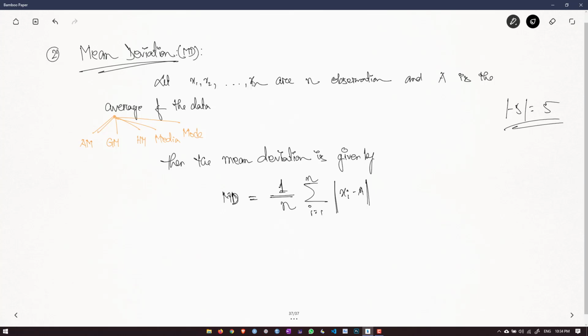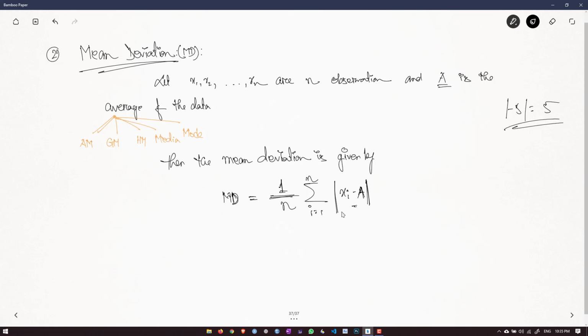That means from all the observations we will subtract that particular average. We will take the modulus, that means we will disregard the signs whether plus or minus, and then we will add those deviations. These are called deviations. We will add those deviations and then divide by the number of observations. In place of A, you can take either arithmetic mean, geometric mean, harmonic mean, median or mode.